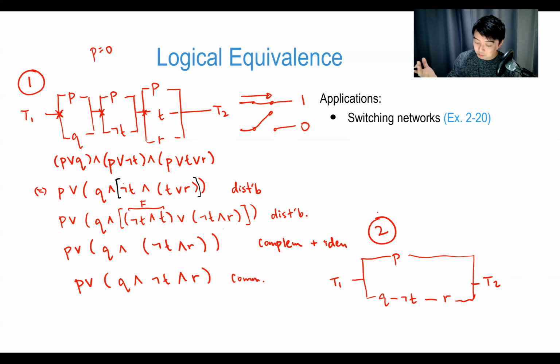We could make p equal to 1, or we can make q equal to 1, t equal to 0, and r equal to 1. Right? So I hope you can see the application here. So this is just an exercise in simplification. And again, there are a lot of questions in the textbook that will require you to simplify expressions.